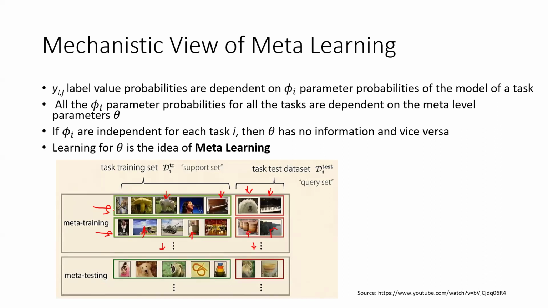And once you have done with the meta training, then you can give another task for meta testing where you are giving another 5-image classifier and another test data set, right? Which is a task, right? And this should be this one, and this one should belong to this class.